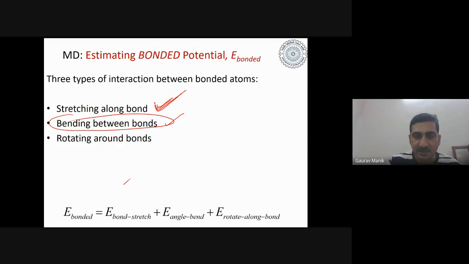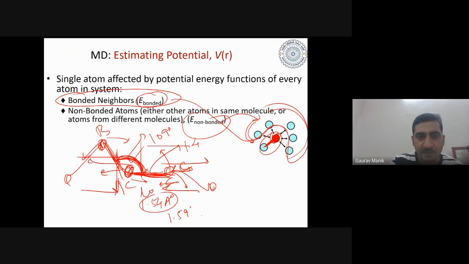Likewise, you have the third thing, which is the rotation. So this is nothing but a 3D rotation of this bond. The 3D rotation between these bonds would actually make the atoms B and D move in the 3D plane.